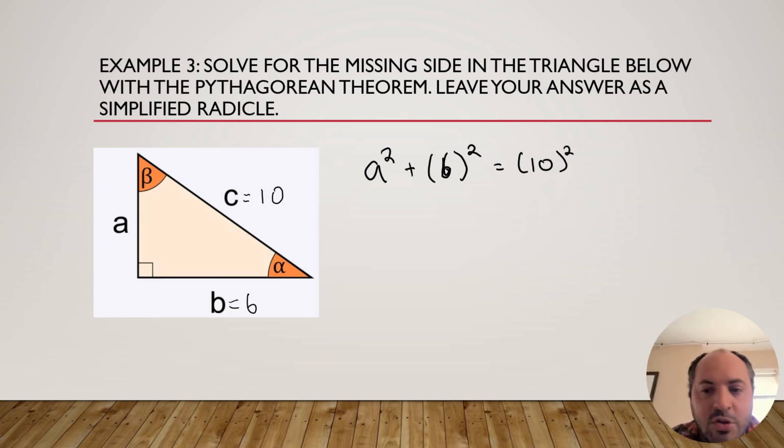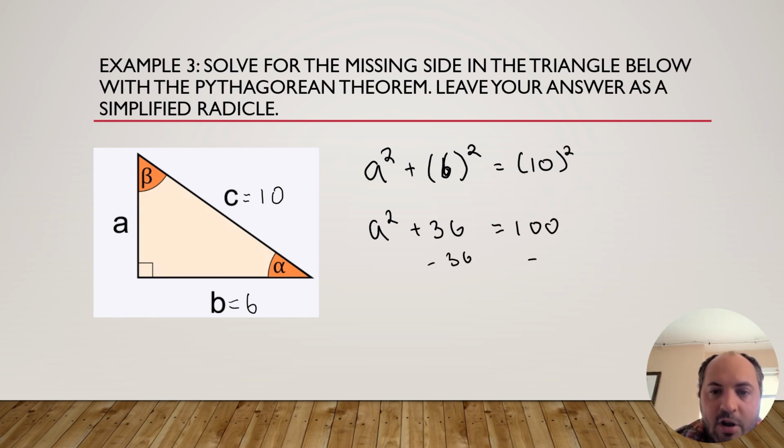I would recommend doing this out of good habit, because sometimes when you have square roots in them, you want to make sure you square everything in the side length and not just the square root. So now if I expand this, I have a squared plus 36 is equal to 100. Now I can subtract off my 36 from both sides to get a squared is equal to 64.